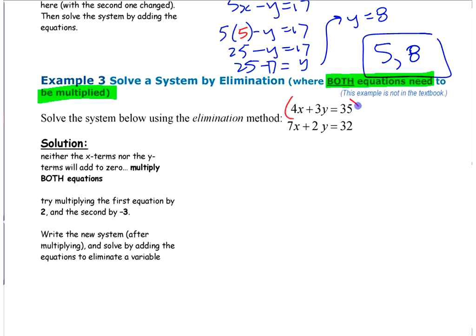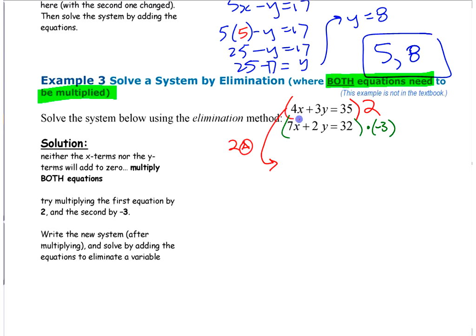If I multiply the first one by 2, and I multiply the second one by 3, I'm actually going to times it by -3, because then the signs will be right. So the first one is going to give me, this is 2 times the first equation.